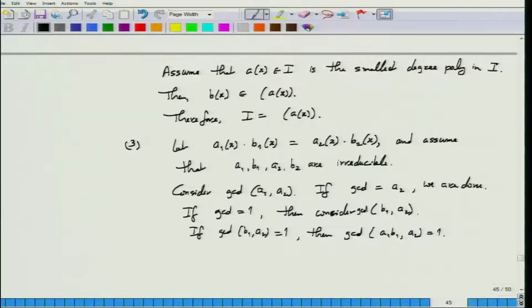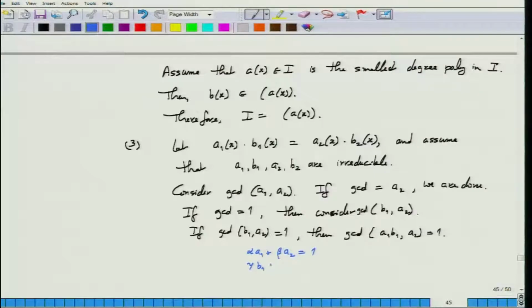Why? Well, it's just a bit of calculation. GCD of A1, A2 is 1 means what? Alpha A1 plus beta A2 is 1. GCD of B1, A2 is 1 means what?